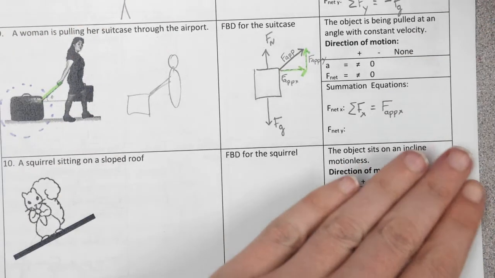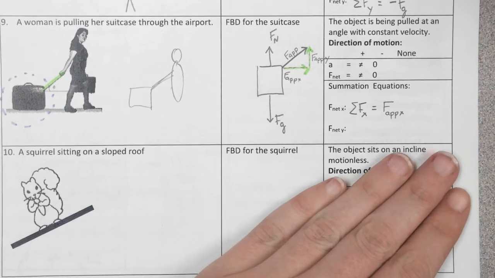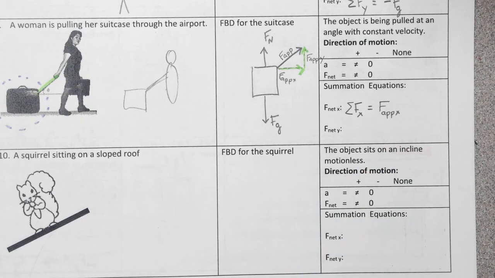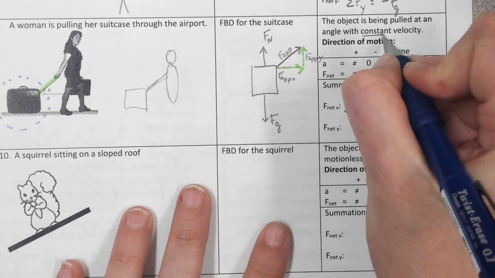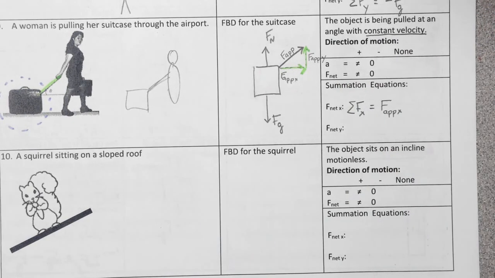If we just left it like that, what would our object do? What would the suitcase do? Well, it is going sideways, but it would also do something else. Right now, it's going sideways at a constant velocity.